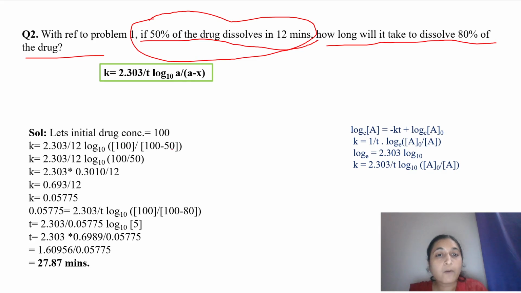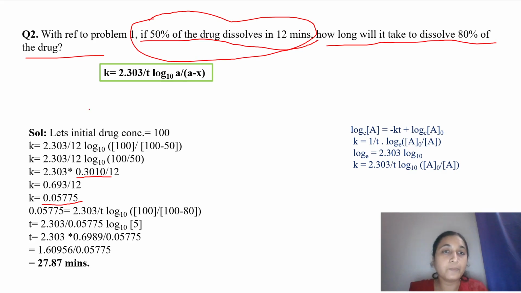Then 100 upon 50, and we all know the log 2 value is 0.303. So we calculate k equals 0.05775.